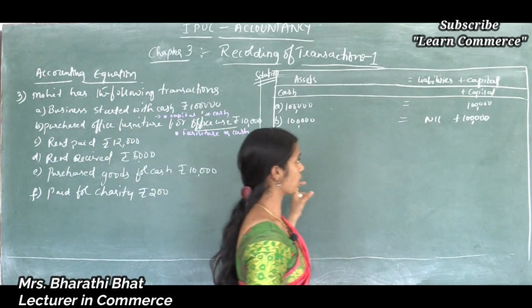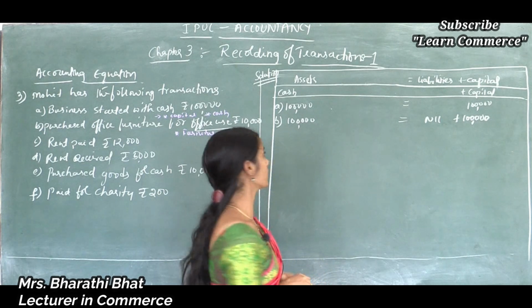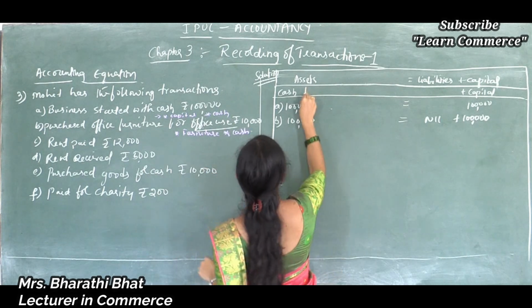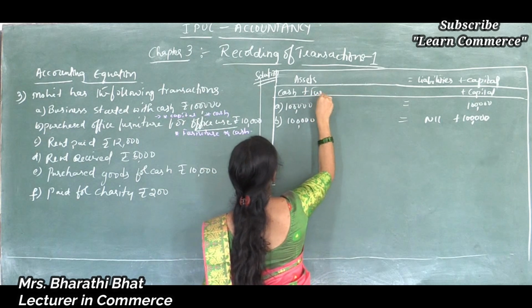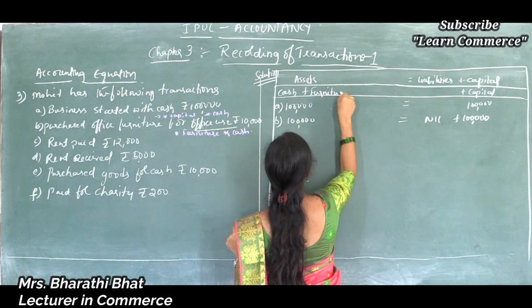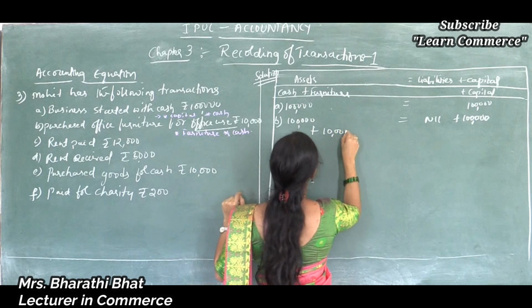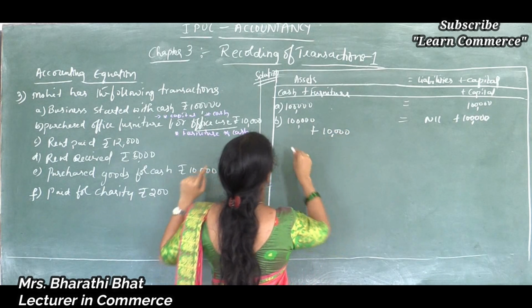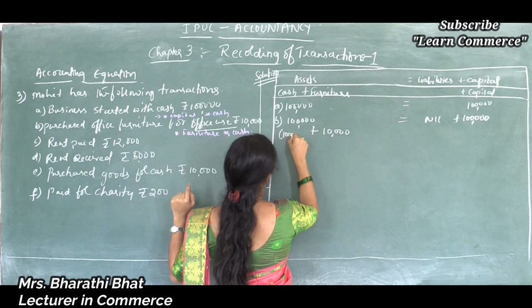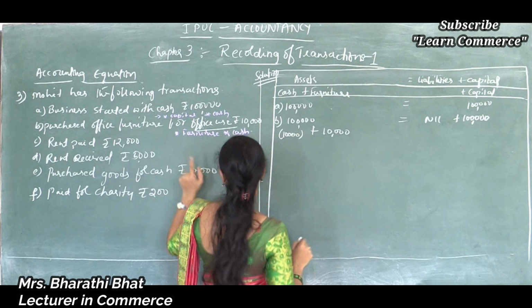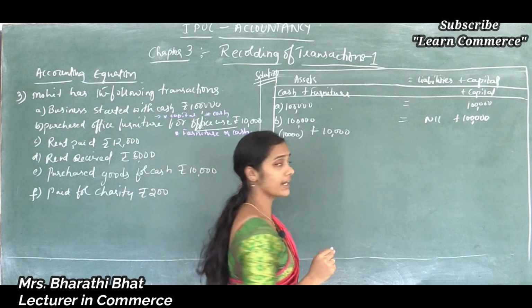So how can we record this transaction in the equation? Add furniture, how much? Costing rupees 10,000. And to purchase 10,000 worth of furniture, what had Mohit's business paid?